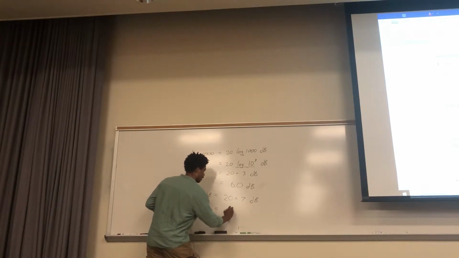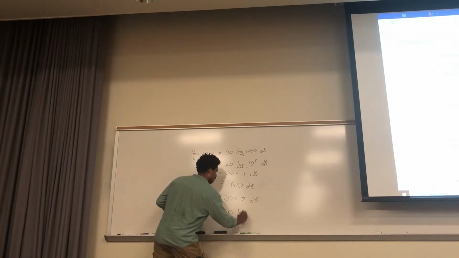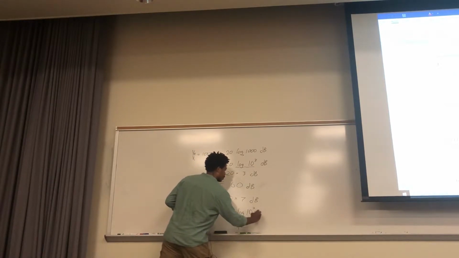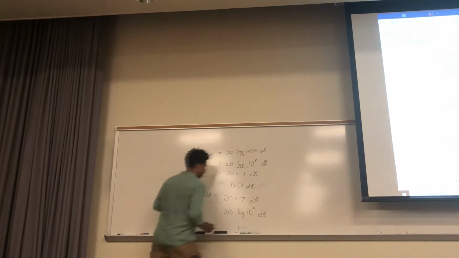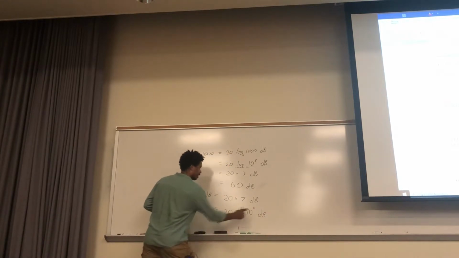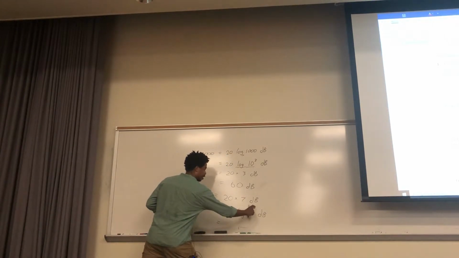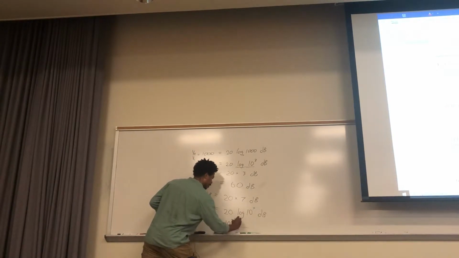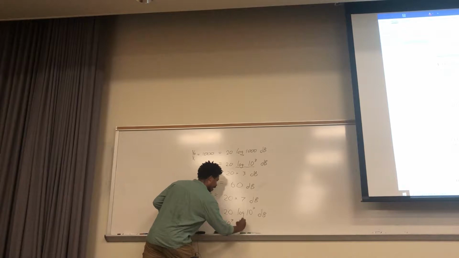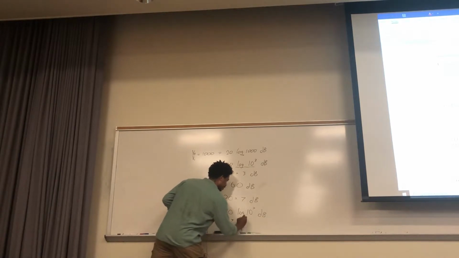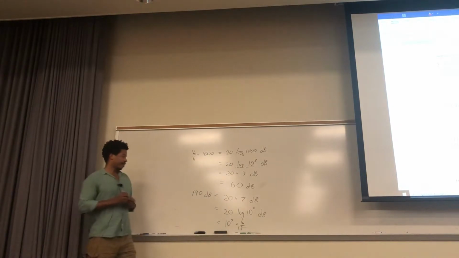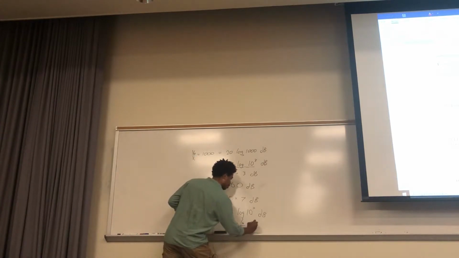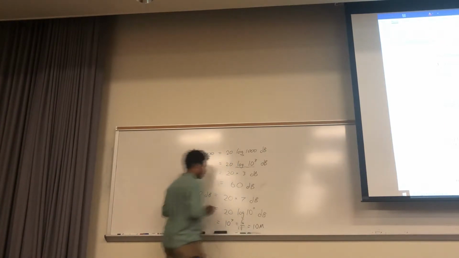And so that's going to be 20 log 10 to the 7th in decibels. And it's just this argument right here, 10 to the 7 is going to be this I out over I in. Or you could just call that 10 million.